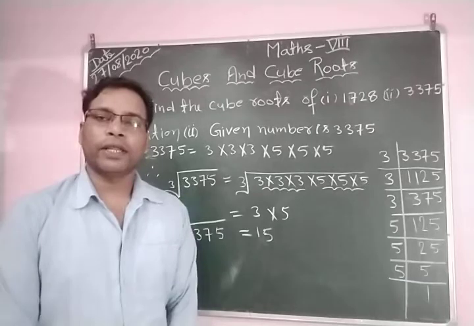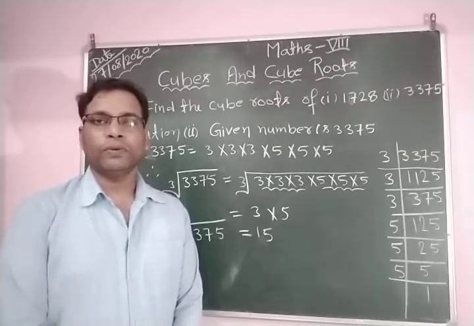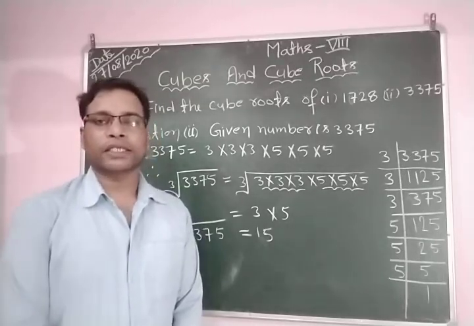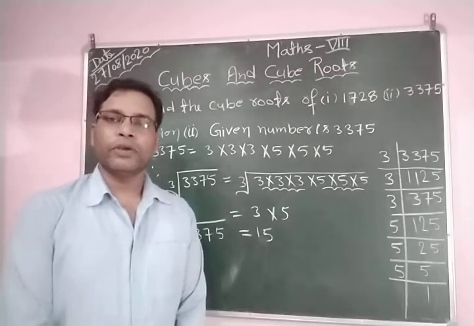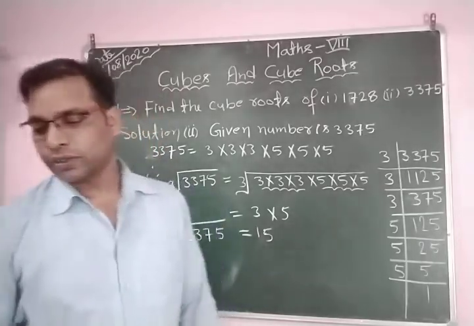Now we are going to discuss exercise 7.2, question number 1. So let's see what we have in exercise 7.2, question number 1. In these questions we need to find the cube root of the following numbers. So let's see.